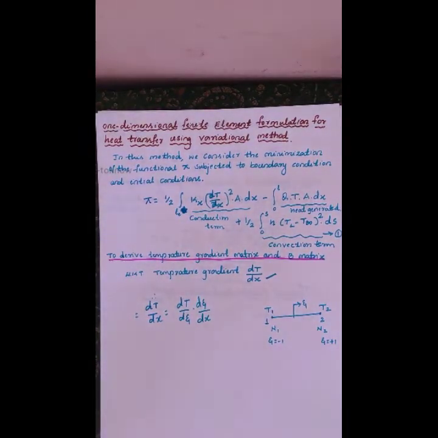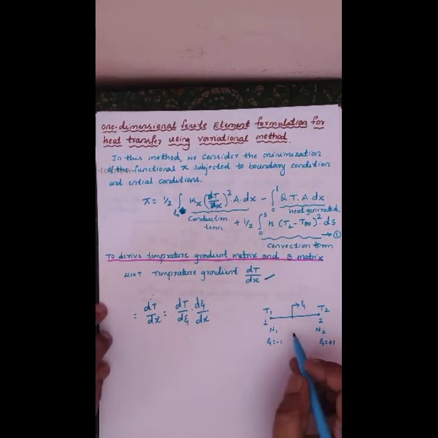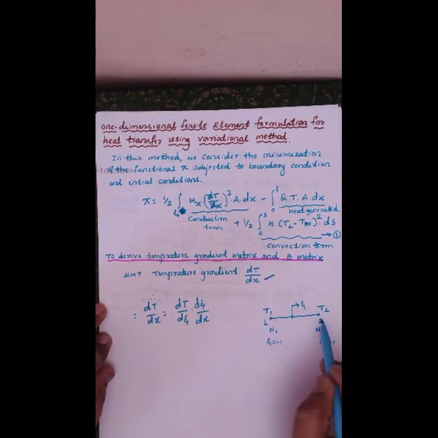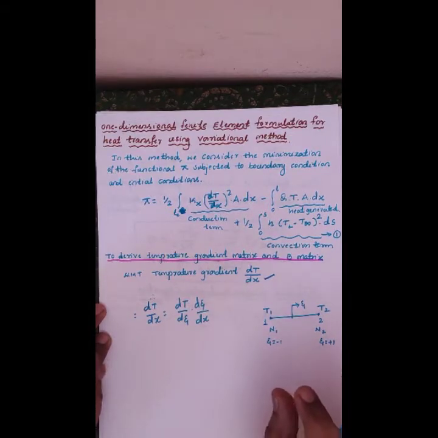Now, if you draw a simple one-dimensional element, I have two nodes, 1 and 2. T1 and T2 are the temperatures at node 1 and node 2, zeta equals -1 and zeta equals +1. This is almost similar to your bar element. The only thing is that there we used x1 and x2 displacements as the field variable. Now temperatures will be our field variable.